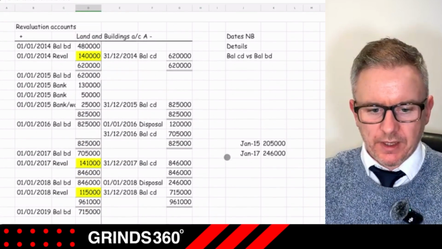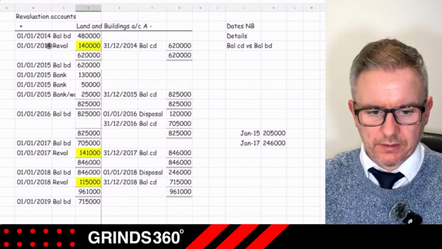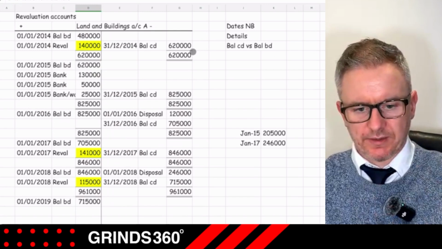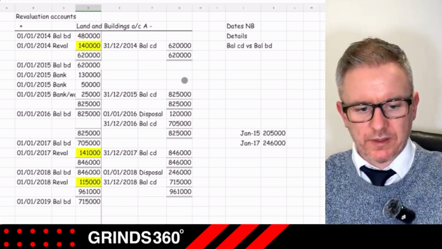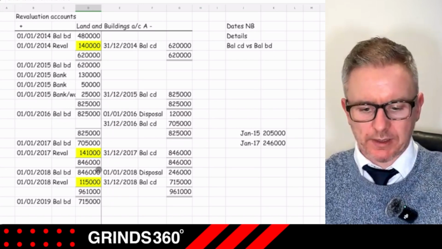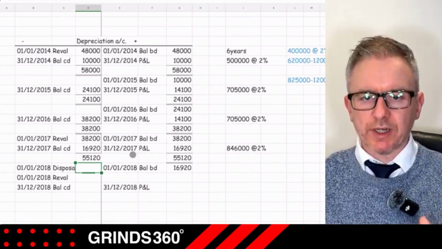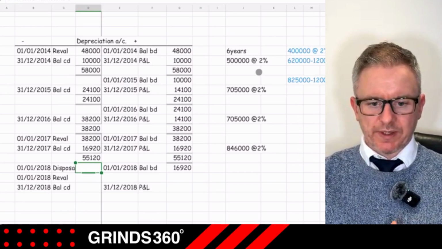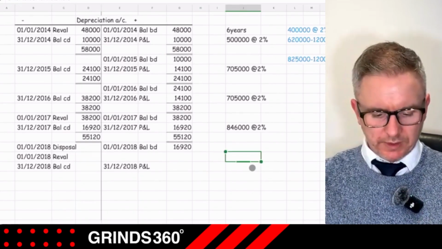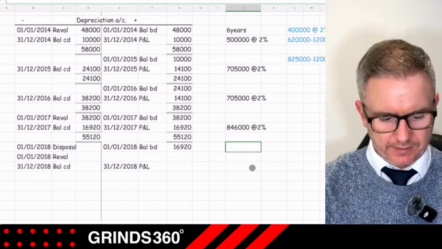We have our buildings that we revalued in 2014, okay? So they were 620 minus the 120,000 for the land. And then we also have these new buildings that we bought, but they had been revalued as well. All right. So there's a good bit going on here that we just need to be really, really clear on when we come to this part of the question. All right. So what we're going to do is we're going to look at the original buildings. So the original buildings.